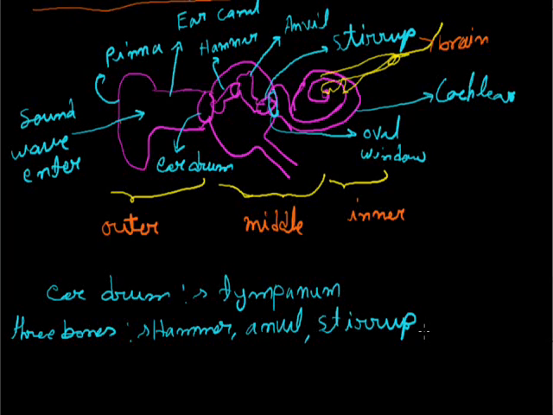Now these ear bones are linked to one another. One end of the bone called hammer is touching the eardrum and its outer end is connected to the second bone called anvil. The other end of the anvil is connected to the third bone called stirrup, and the free end of the stirrup is held against the membrane over the oval window of the inner ear.